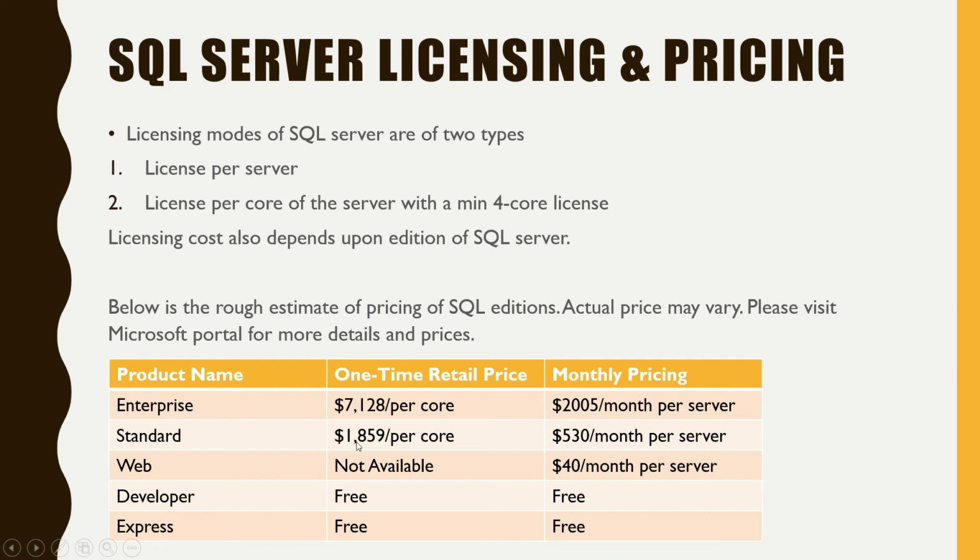Standard Edition costs around $1,800 per core and the per server monthly charge is $530 per month. Web Edition costs around $40 per month per server and is not available in the retail market. Developer and Express editions are free as we discussed earlier.